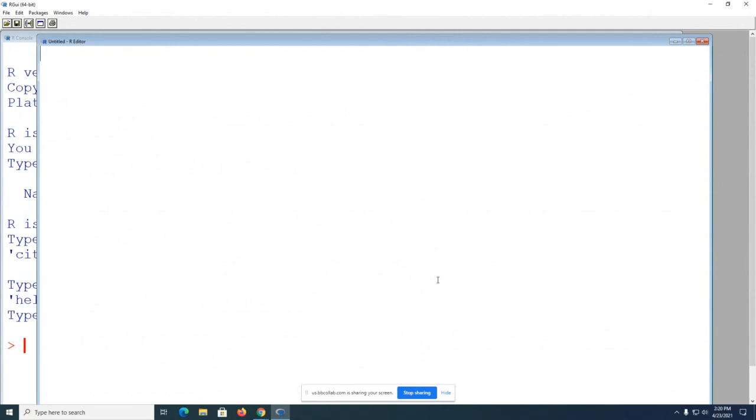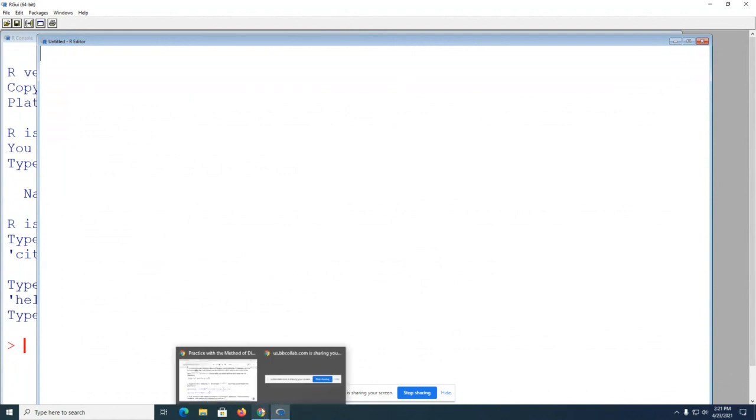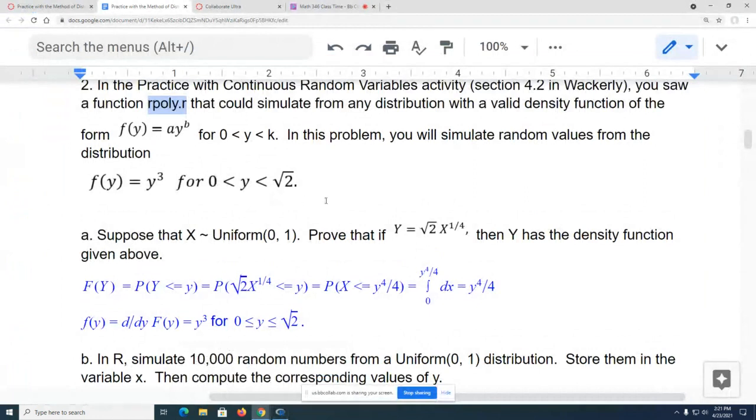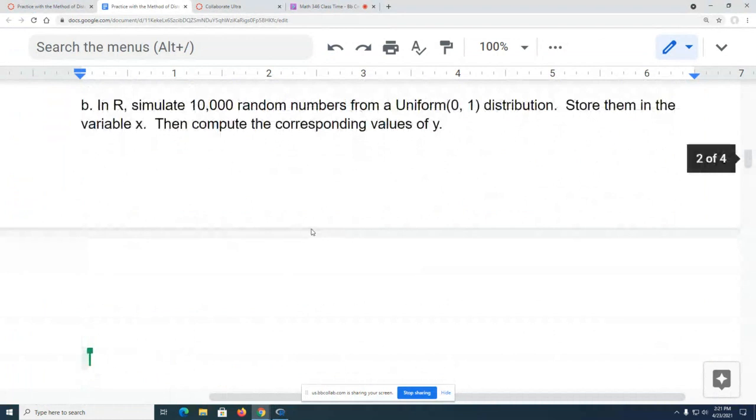You can click back to the Google Doc. So start by simulating 10,000 random numbers from a uniform distribution between 0 and 1. Call that x. And then we'll compute y by taking square root of 2 times x to the 1/4.